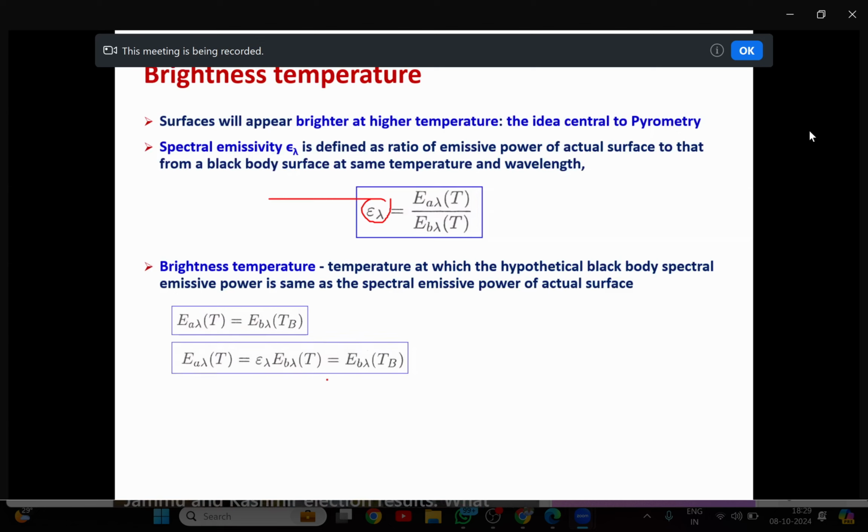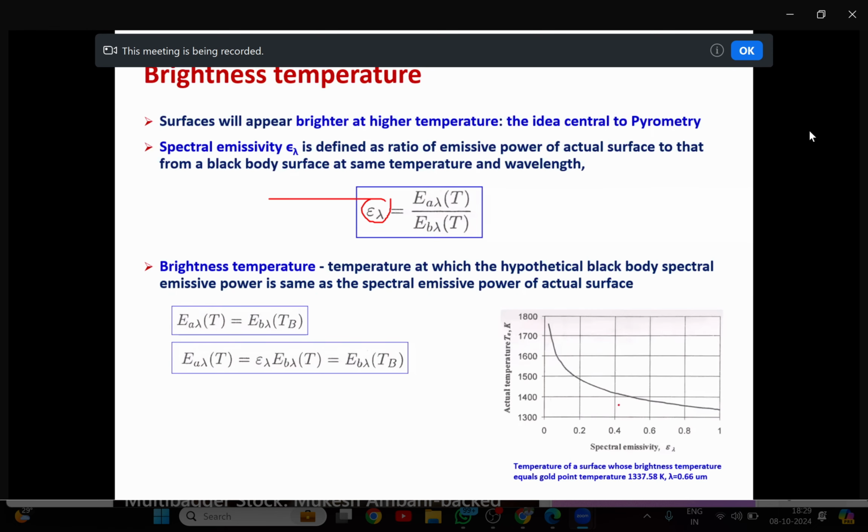You can see from here that the brightness temperature will always be smaller than the actual temperature, right? Because you have epsilon lambda multiplied with the emissive power at that temperature. So definitely TB will be less than T. You can see this is verified here. Somebody has actually checked this.